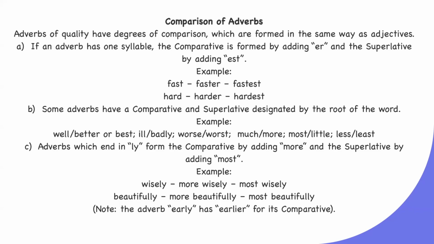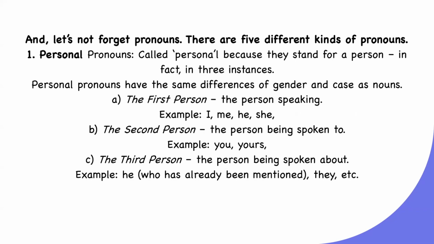For example, well, better, best; ill, badly, worse, worst; much, more, most; little, less, least. Adverbs which end in ly form the comparative by adding more and the superlative by adding most. For example, wisely, more wisely, most wisely. Beautifully, more beautifully, most beautifully. The adverb early has earlier for its comparative.